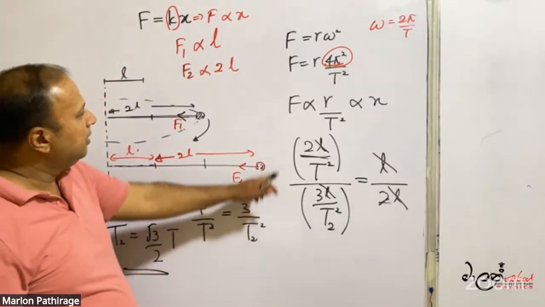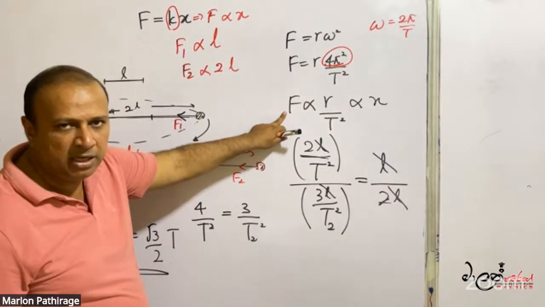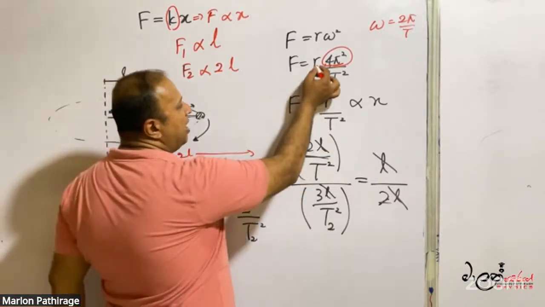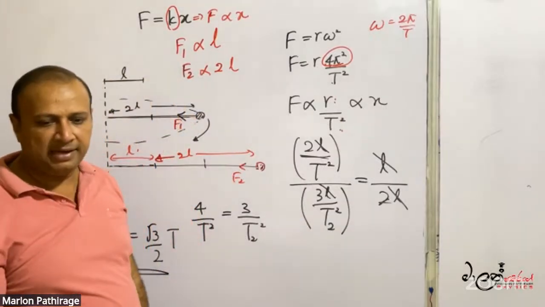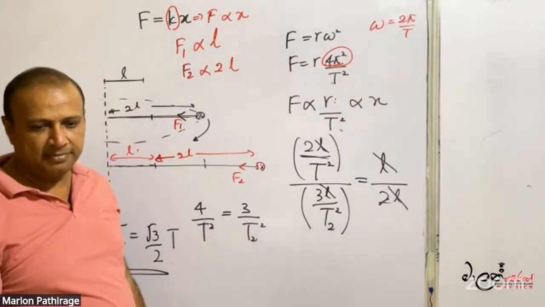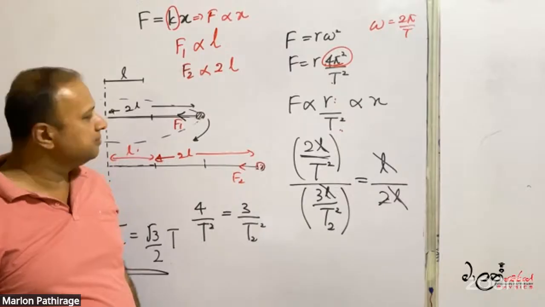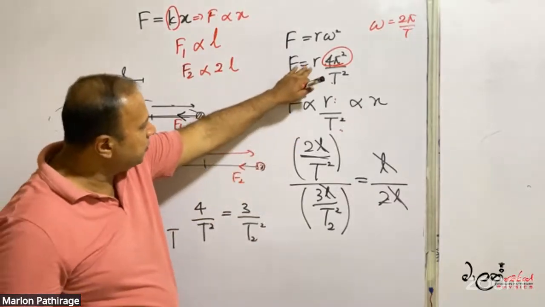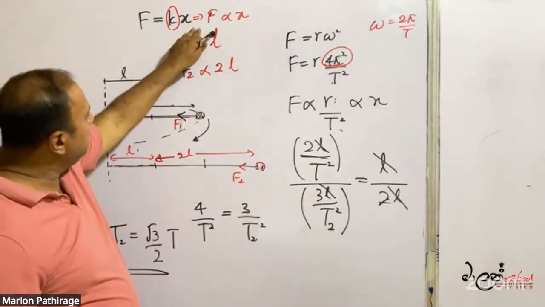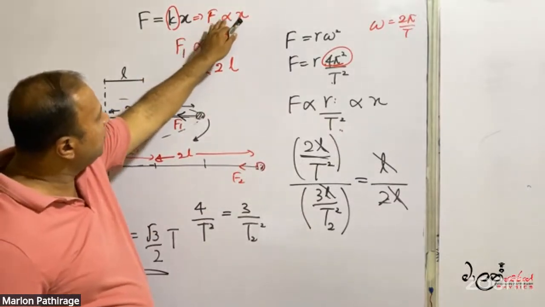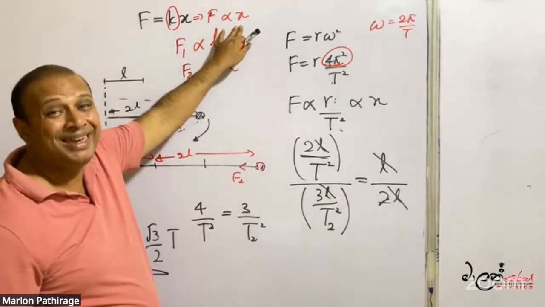Therefore, centripetal force is directly proportional to r over T squared. From here, the centripetal force is directly proportional to x.